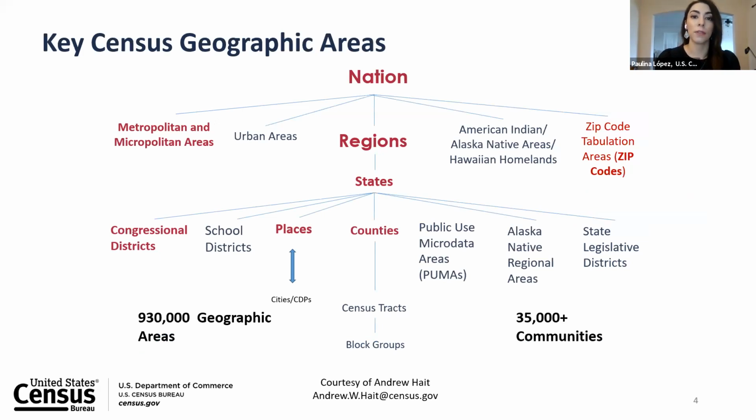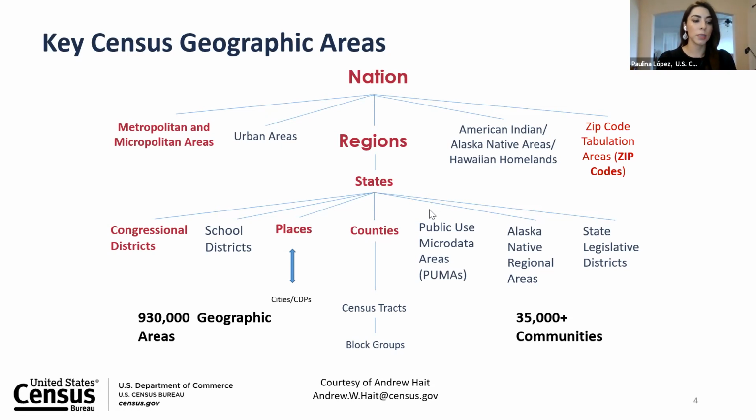Some key census geographic areas that we produce data for: of course, nationwide data, metropolitan and micropolitan areas. We also produce data down to a zip code level and also congressional districts. So if you're meeting with Representative Escobar, you can get information narrowed down to her district. If you're working with school districts, you can also get data on school districts and state legislative districts, and you'll see the definition of places. So we produce data on places, which can be cities, counties as well, and census designated places.